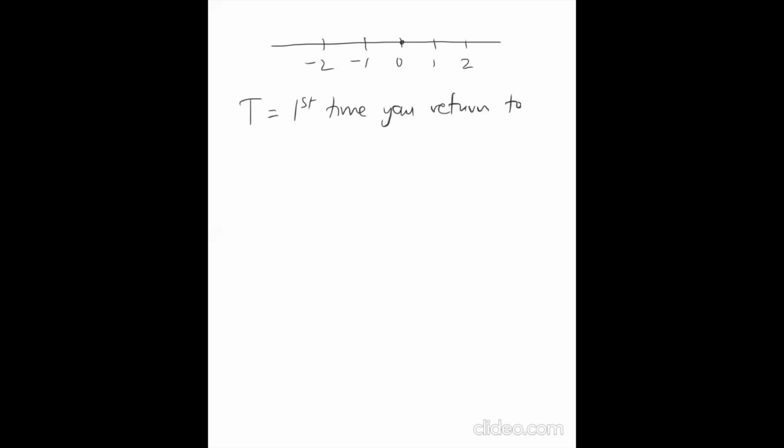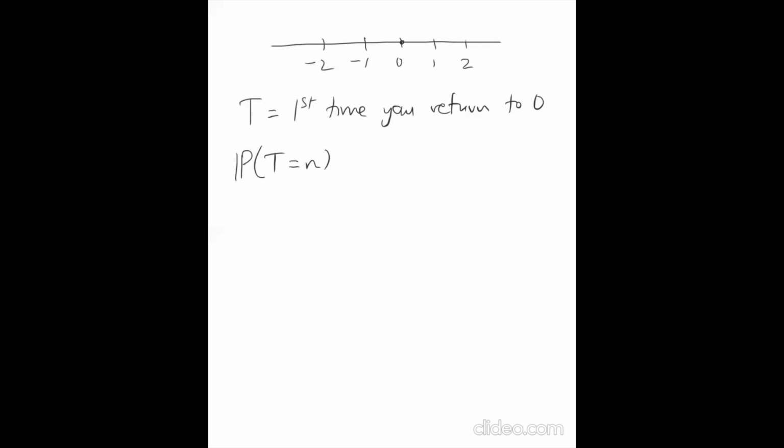Or rather, we want to calculate the probabilities of the return time t. As in, we want to calculate the probability that t is equal to some n, where n is some number. So what are the chances of this happening?